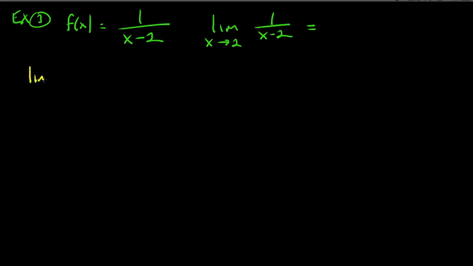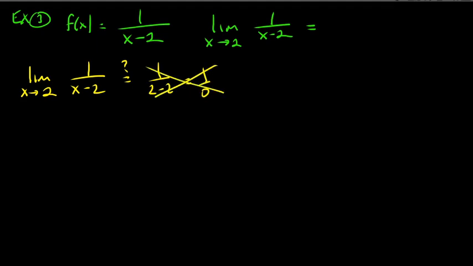So again, don't try plugging in 2 here. It's not going to work. 2 minus 2 is 0, and 1 over 0 is not a number. So that does not work, right? So what can we do? We can make a table, or, as we did last time, just draw the graph. And you'll see what happens here.